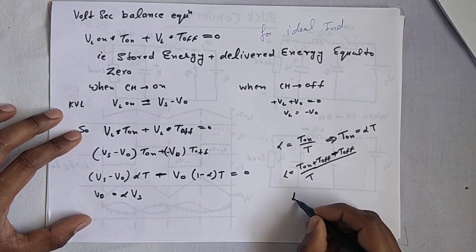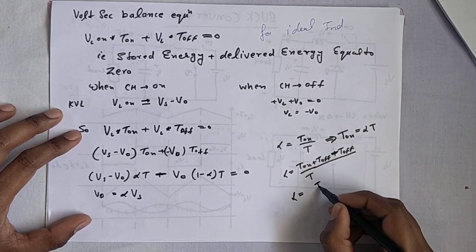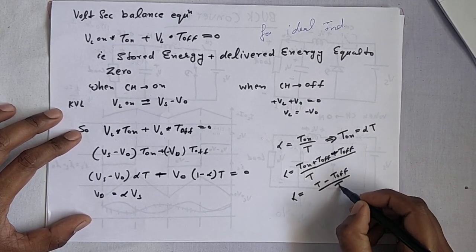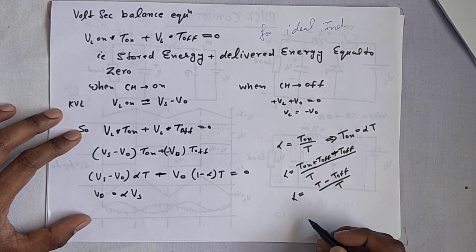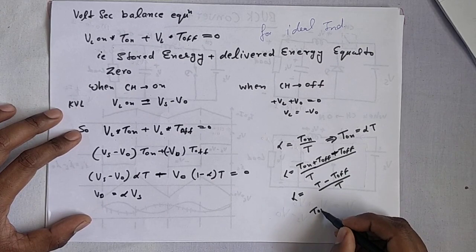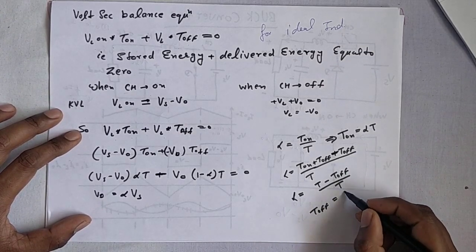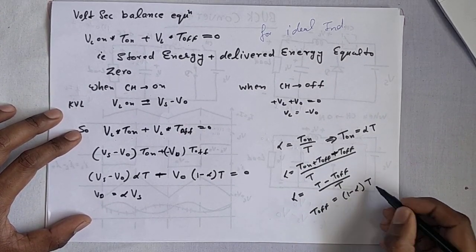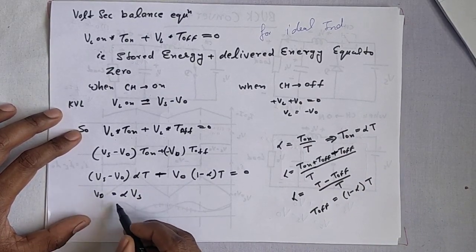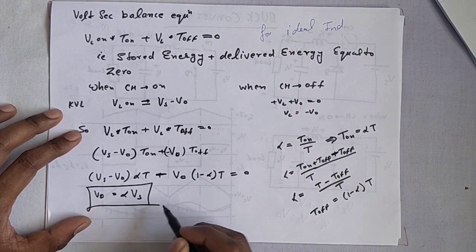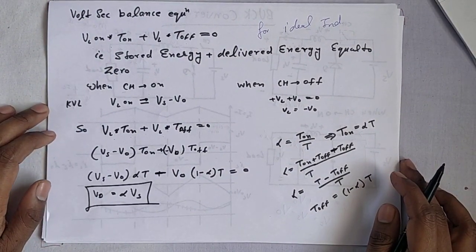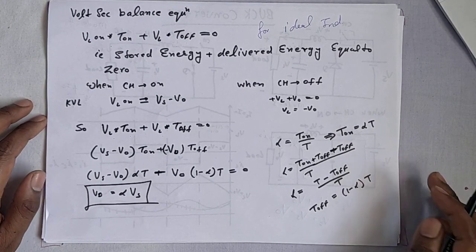So you can write that alpha equals T minus T off divided by T. So from here you can write T off equals 1 minus alpha into T. When you solve this equation, you can find that V naught equals alpha into Vs. So this is the buck converter. In the next lecture we will study the boost converter.